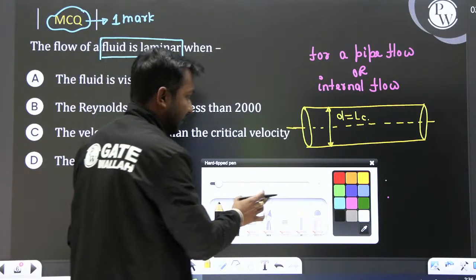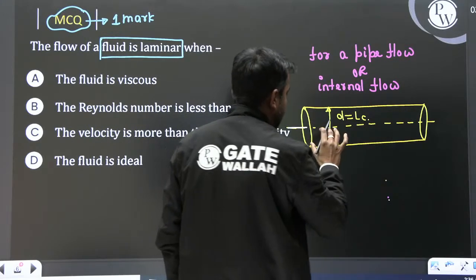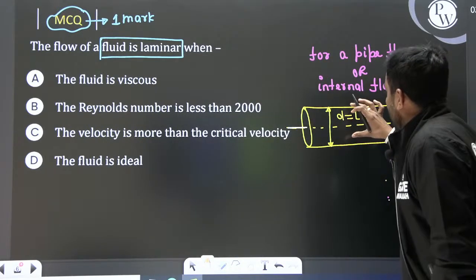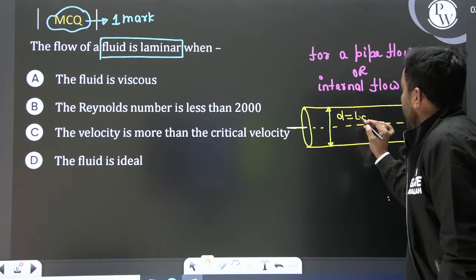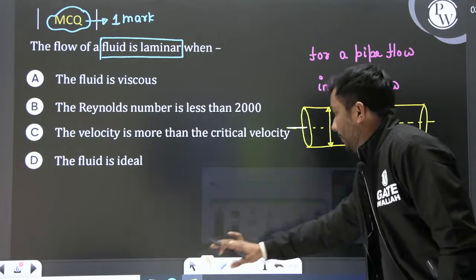Anjali, yes, the answer is B. Sure. So let me just start the solution. If this is a pipe having a diameter D, that diameter is also called the characteristic dimension of the system.